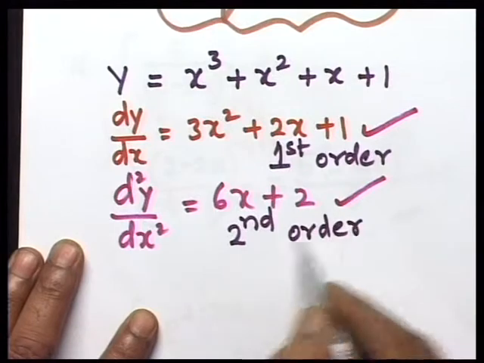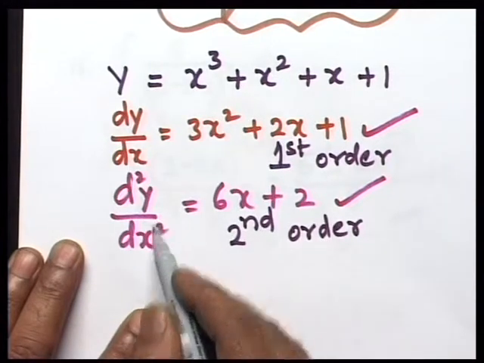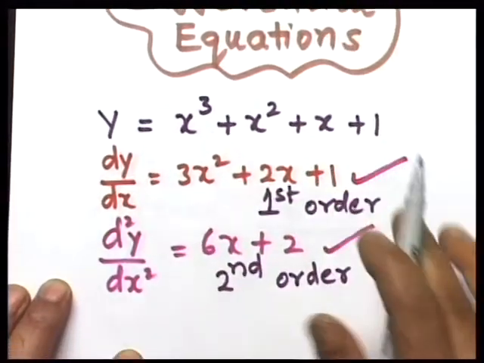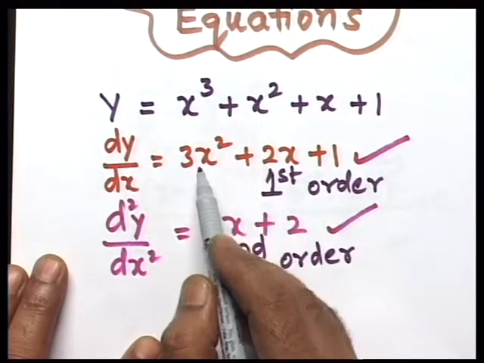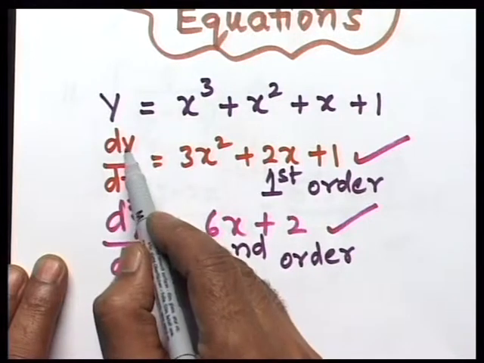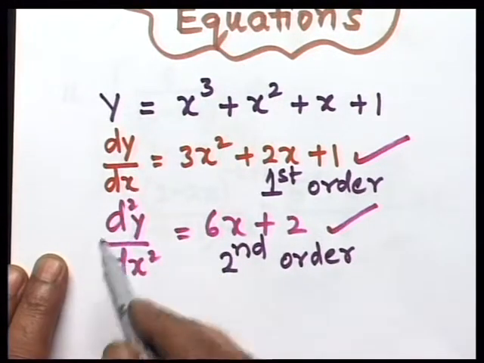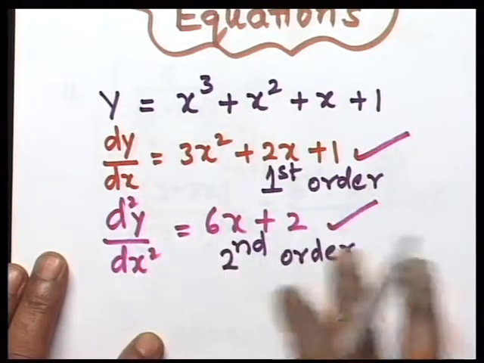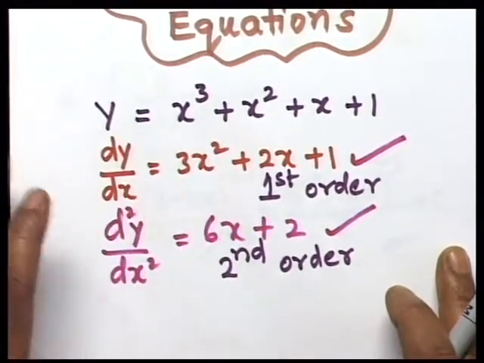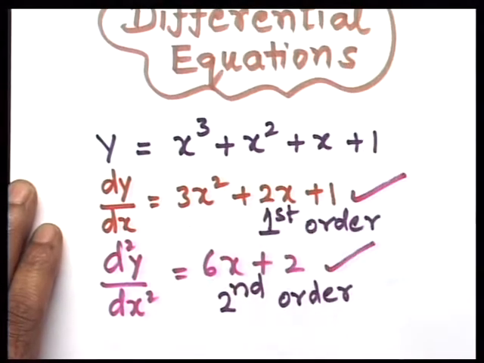So it's an equation where there is x and y or only x and there is a dy over dx, or even d square y over dx square or d cube y over dx cube, and so on. So that's the meaning of differential equations.